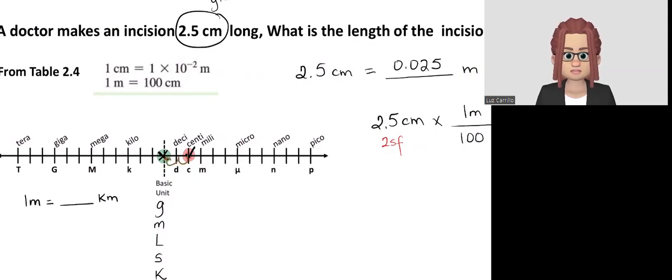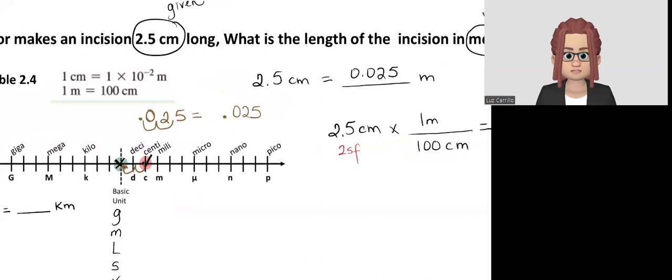So if I take 2.5 and I move it 1 time, 2 times from right to left, I have 1 open pocket, which means that my numerical value now became decimal place 0, 2, 5. And if we compare that value to the result that we obtain with dimensional analysis, we can observe that the results are the same.